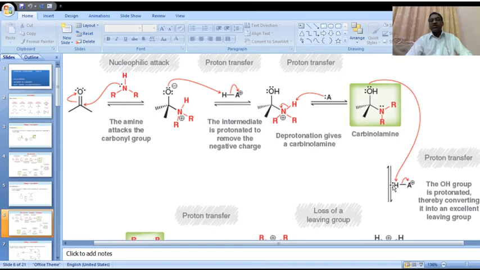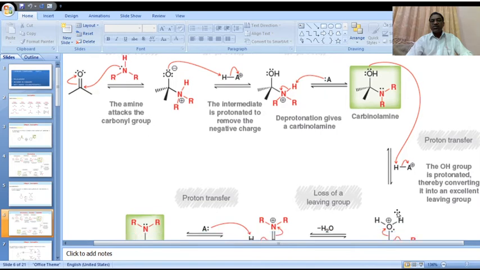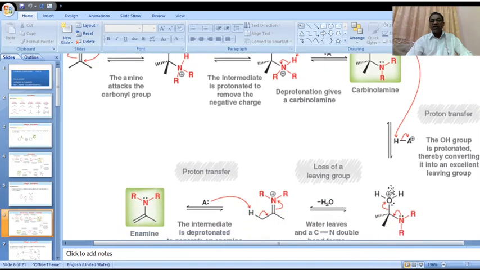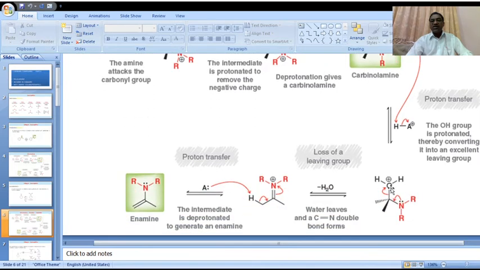The hydroxy functional group is protonated. What happened? It is converted into a good leaving group, an excellent leaving group, a water molecule.